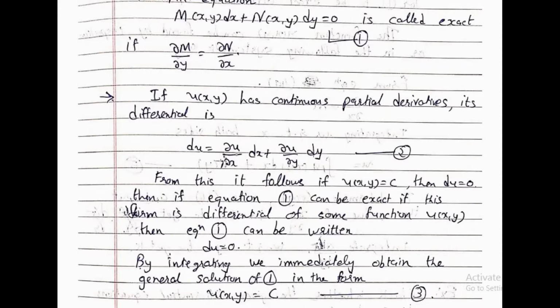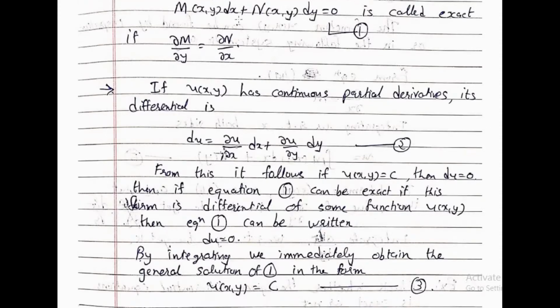Now if u is equal to some constant, then you have du is equal to 0, correct? So if your first equation is of that form, then du is equal to 0. So in that case u will be the solution of this equation, correct?